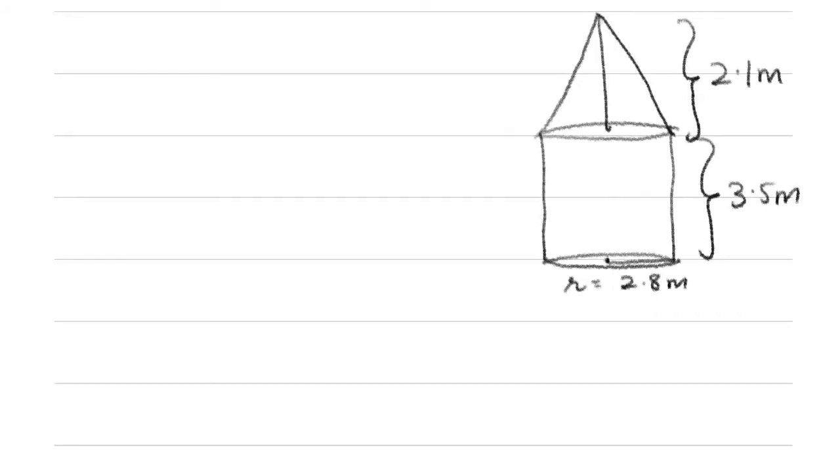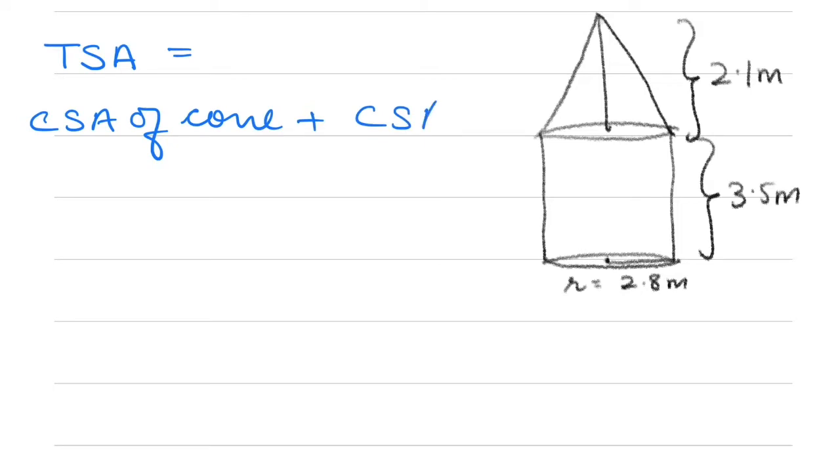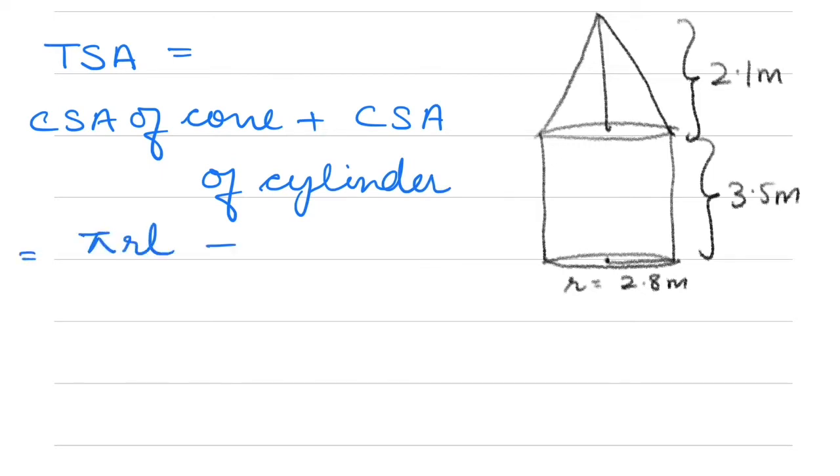To find the area of the canvas used here, we have to find the total surface area of this tent. So this is equal to curved surface area of cone plus curved surface area of cylinder. Let's write down the formulae. Curved surface area of cone is pi RL and for cylinder is 2 pi RH.